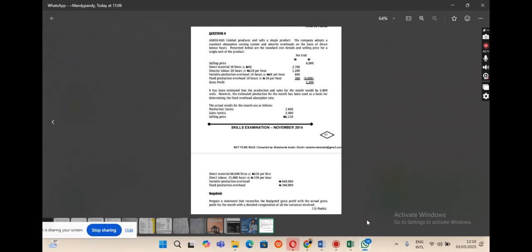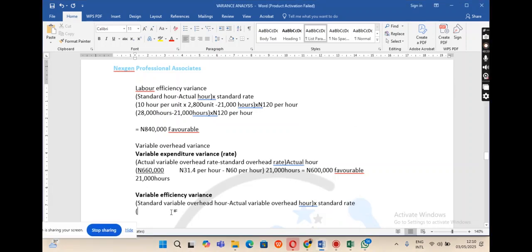Just like the way we have 10 standard hours per unit. Now, let me put it here. Minus, what is the actual variable overhead hour? 21,000 hours.